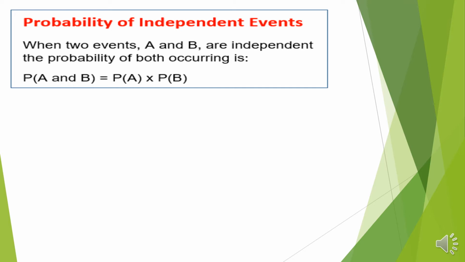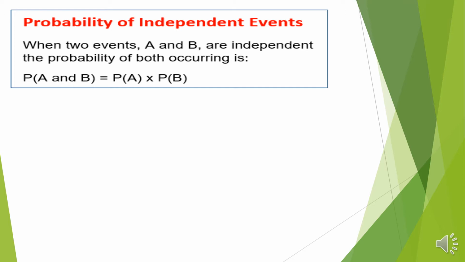if both of them occurred. In this case we write probability of A and B, or A intersection B, equal probability of A times probability of B. Just remember this rule.